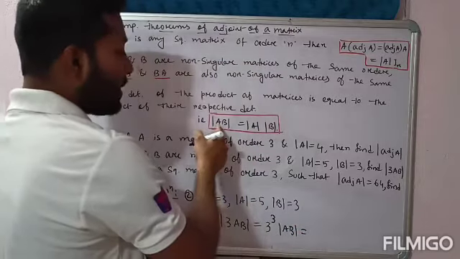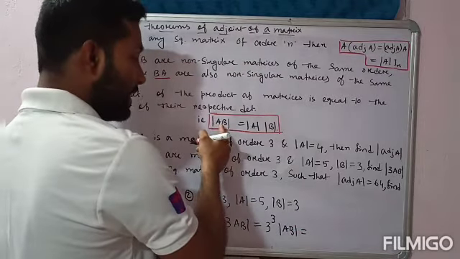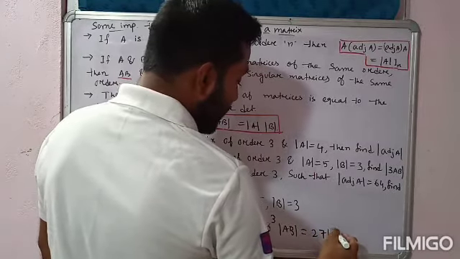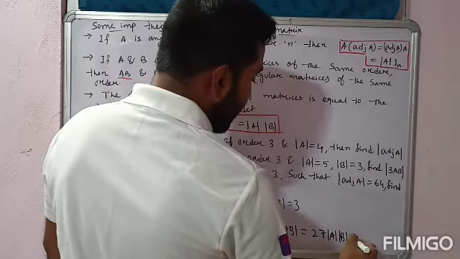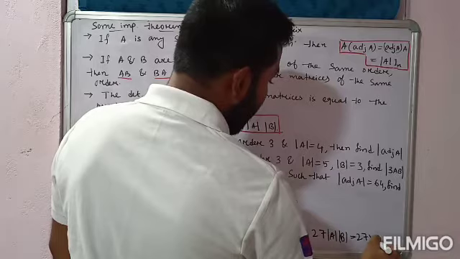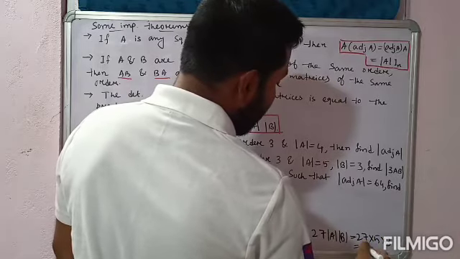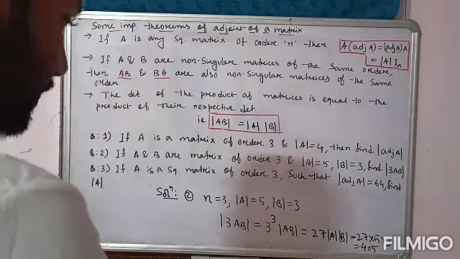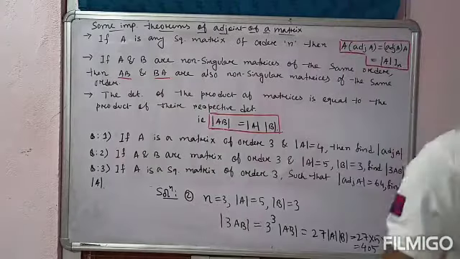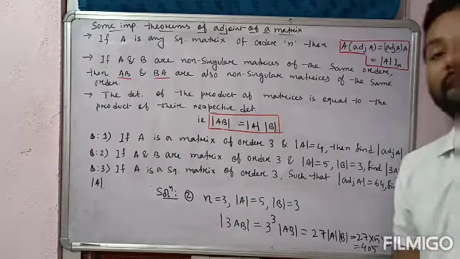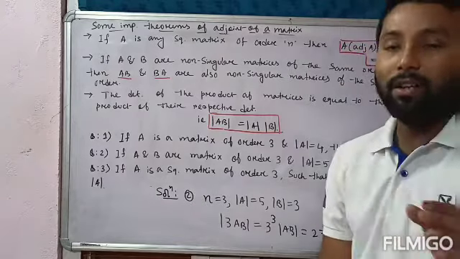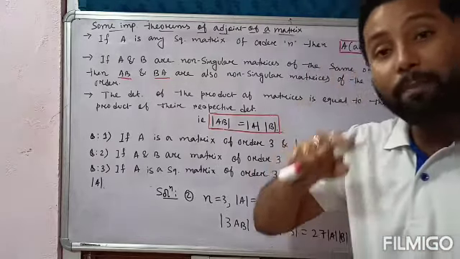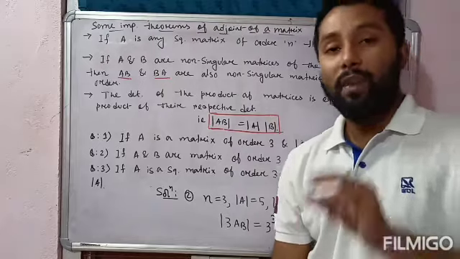And again we know that determinant of AB is equal to determinant A into determinant B. That means 27 into determinant A into determinant B, that is 27 into 5 into 3. If I calculate this, we'll get, I think, 405. So this is the solution of the second question. If A is a matrix of order n, then determinant of K into A is equal to K to the power n into determinant A, where K is a scalar quantity.